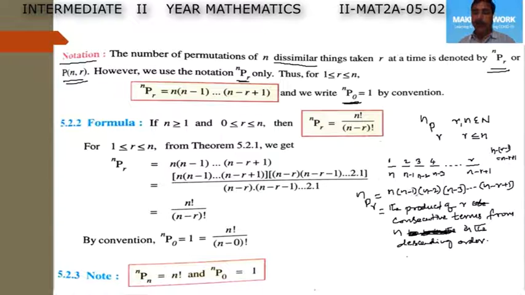That is n into n minus 1 into n minus 2 into n minus 3 and so on, n minus r plus 1. Suppose, for example, we see 5P3.